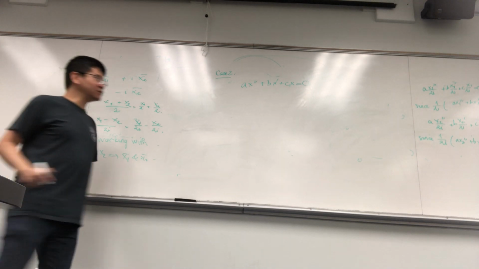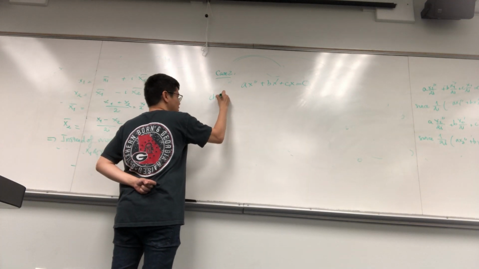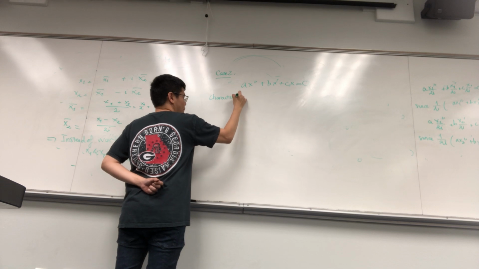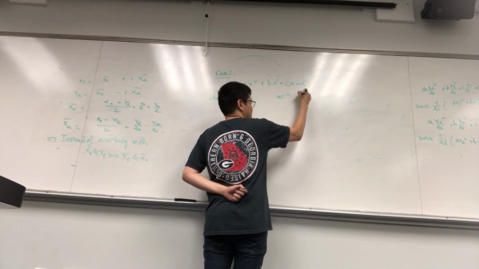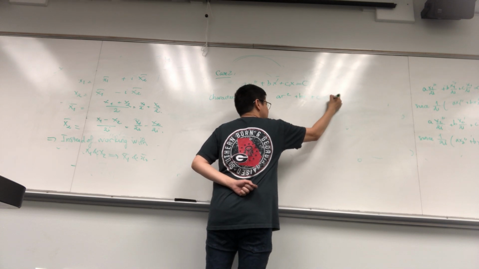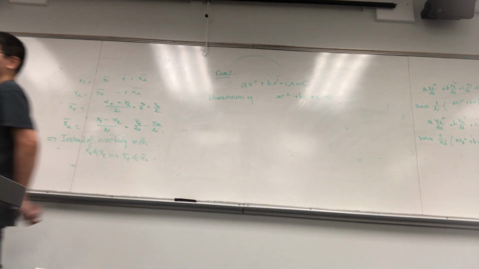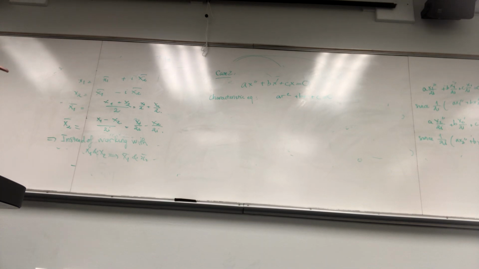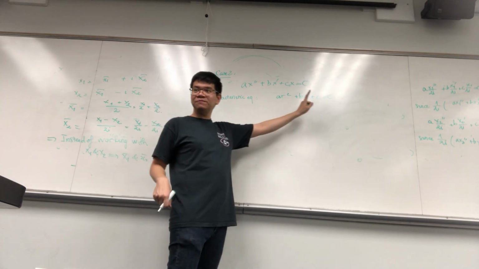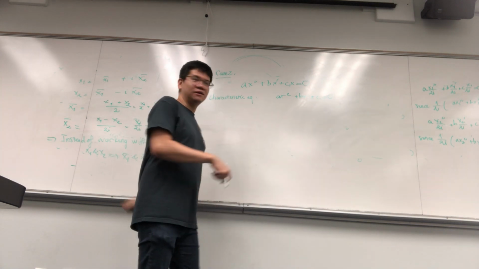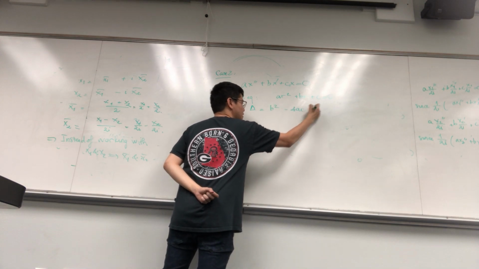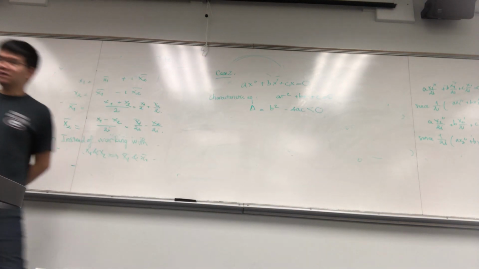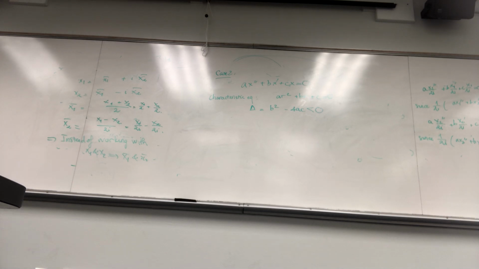And the characteristic equation will be a r squared plus br plus c is going to be 0. In the second case, you have the same characteristic equation. The delta in this case will be the same, b squared minus 4ac, and this is negative, right? The delta will be negative.